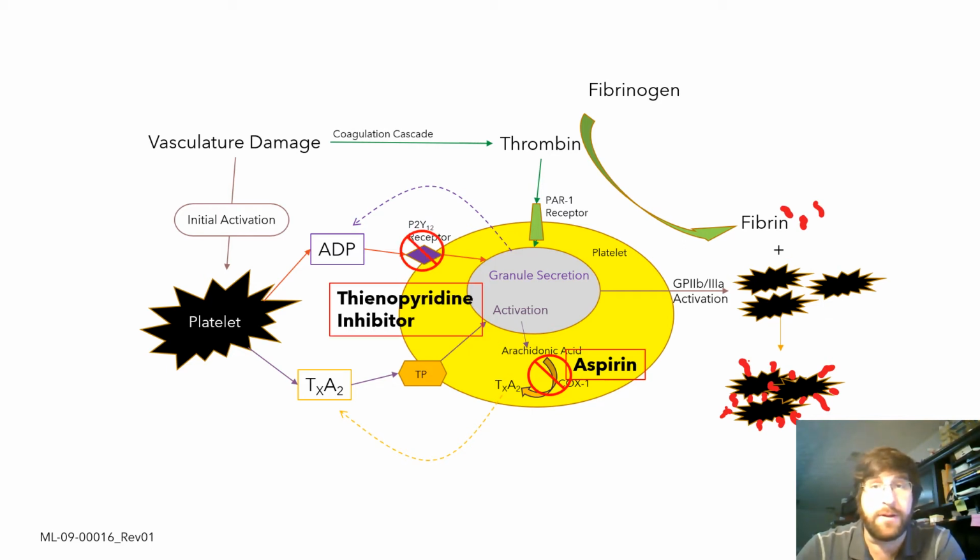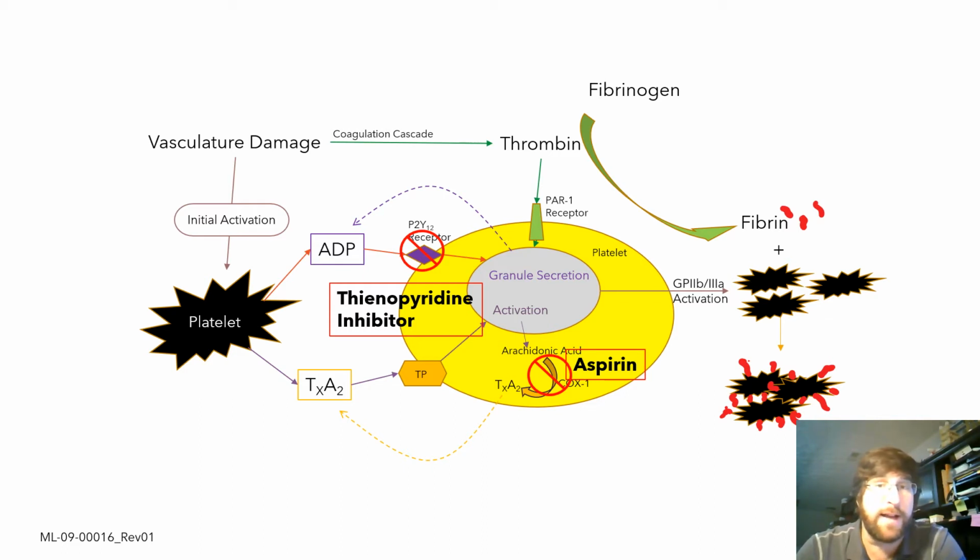Next are the thienopyridine class of inhibitors. This class of drug blocks the P2Y12 receptor, preventing ADP binding, signaling, and aggregation. Examples are clopidogrel, Plavix, ticagrelor, and prasugrel. The last of the orally available platelet inhibitors is cilostazol, a phosphodiesterase inhibitor which inhibits platelet aggregation.